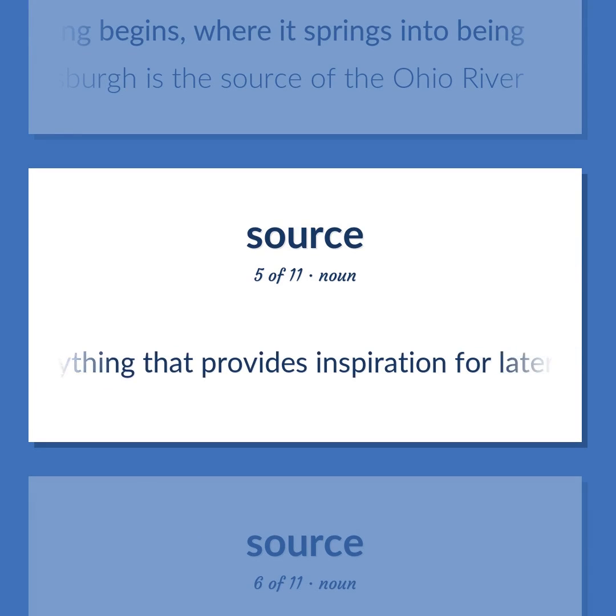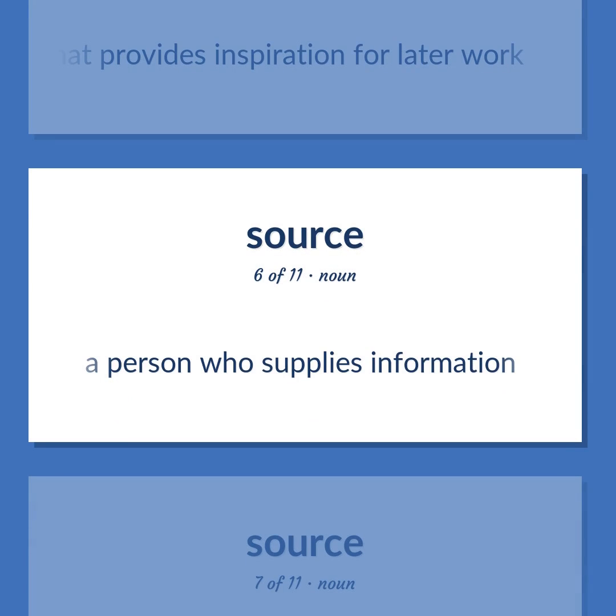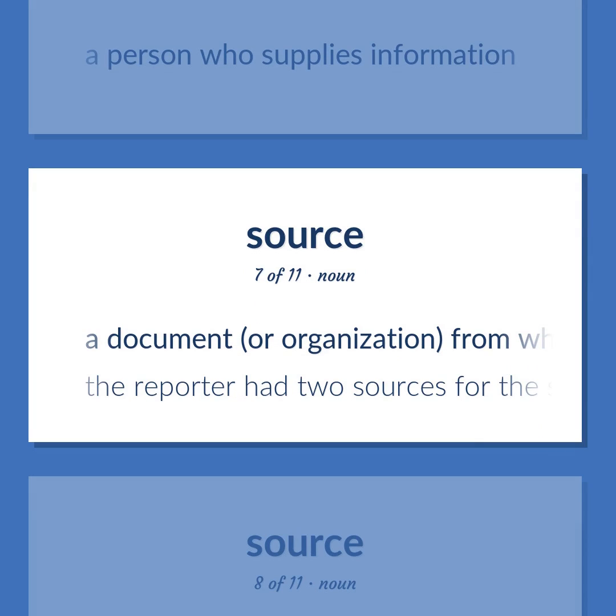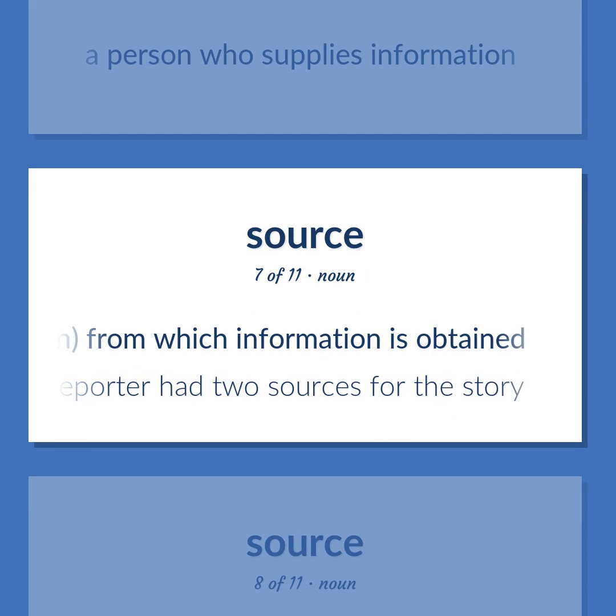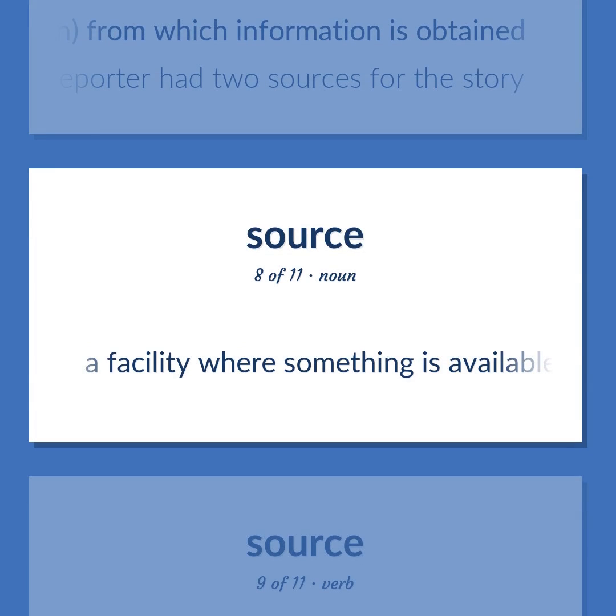Anything that provides inspiration for later work. A person who supplies information. A document, or organization, from which information is obtained. The reporter had two sources for the story. A facility where something is available.